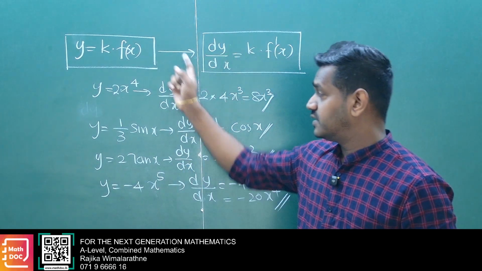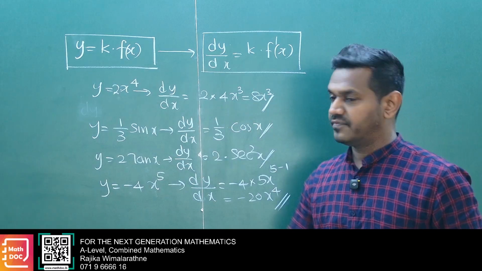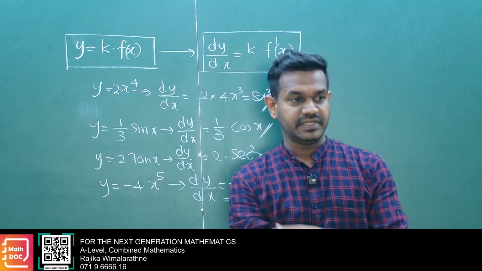Thereafter you write this scalar multiple type: constant times function means scalar multiple.